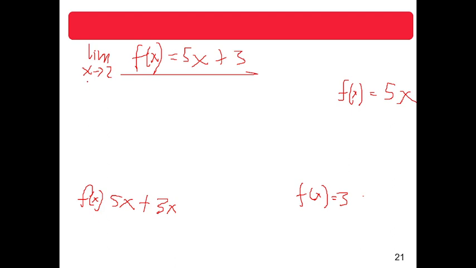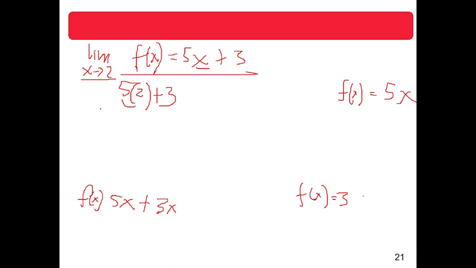So in the concept that I mentioned a while ago, from the concept of substitution, this limit as x approaches 2 is similar, wherein you just need to substitute the value of x into all of the x's of your function. So if you substitute the value of x as x approaches 2 into your function, that would become 5, and instead of putting x, that would become 2, plus 3.